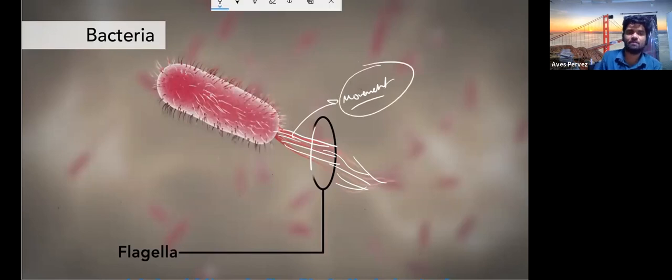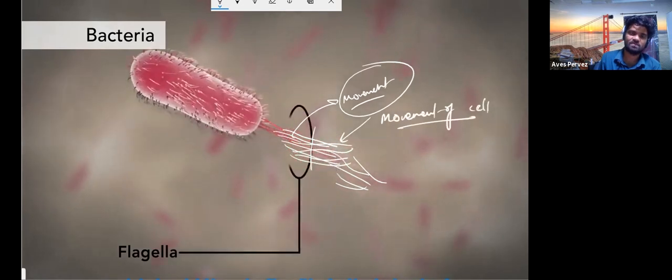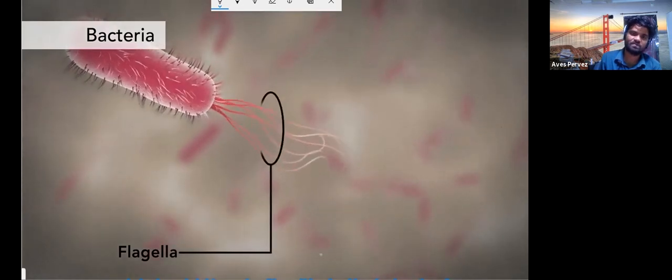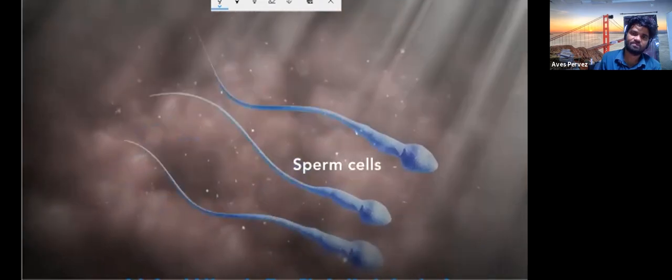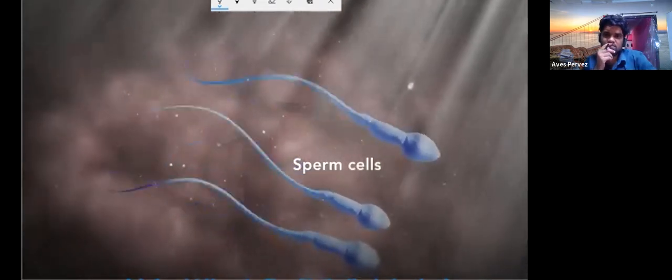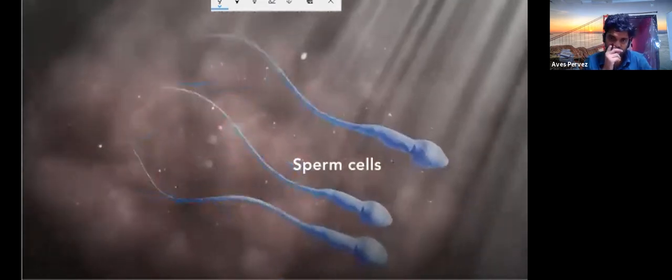A flagellum is like a little tail that can help a cell move or propel itself. The only human cell that has a flagellum is a sperm cell.